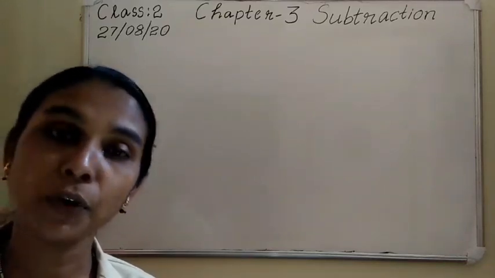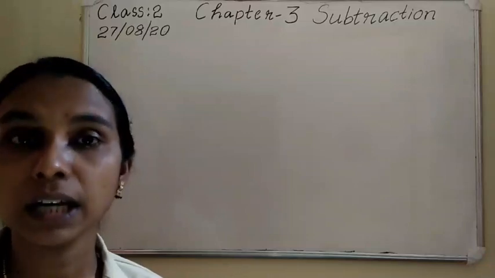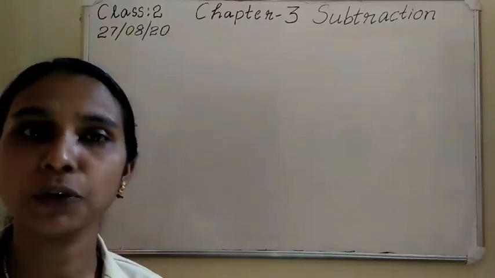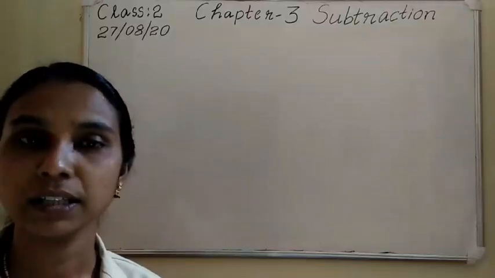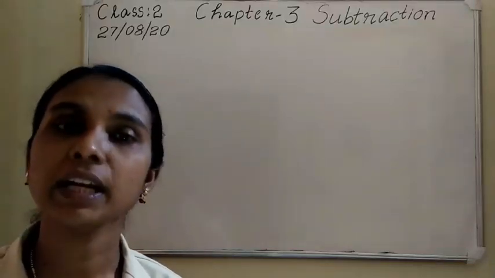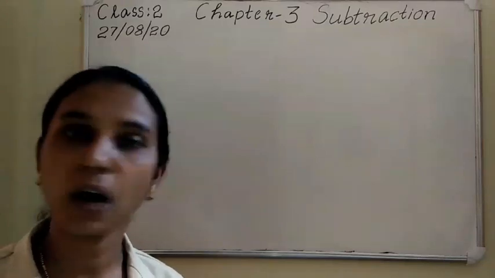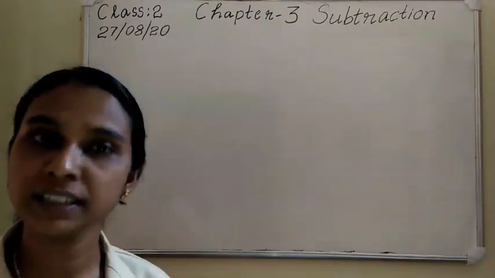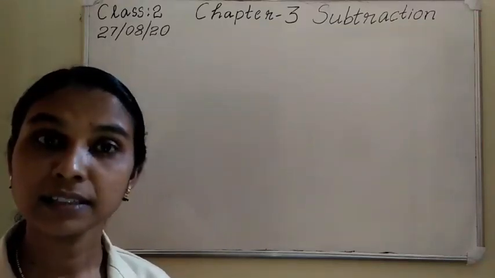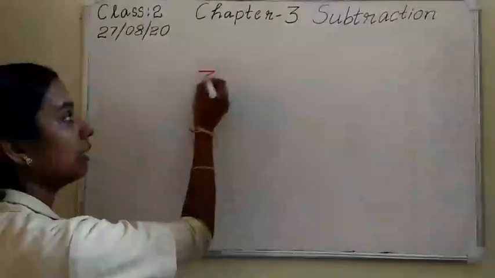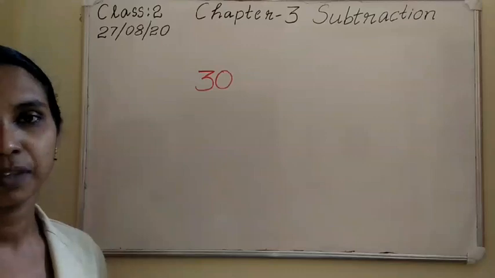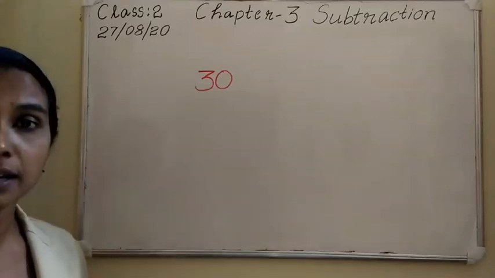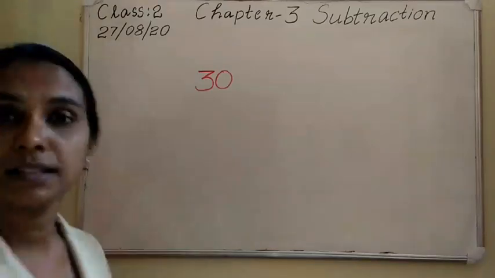Before that, I am going to regroup the number 30. How do we regroup the number 30 without changing the number? In 30, how many tens and ones are there? There are 3 tens, is it?